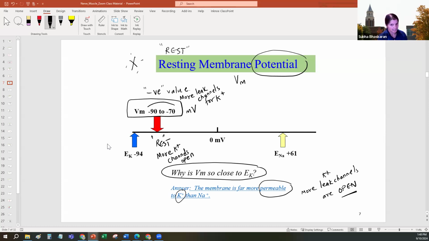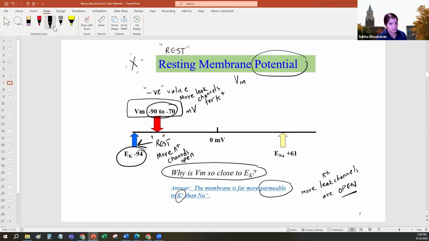It's already at negative, yes or no? If the cell is opening more potassium channels, what will happen to VM? Will it become more negative? Yes, it will go this way, and it will almost reach the equilibrium potential of potassium. That's very negative.